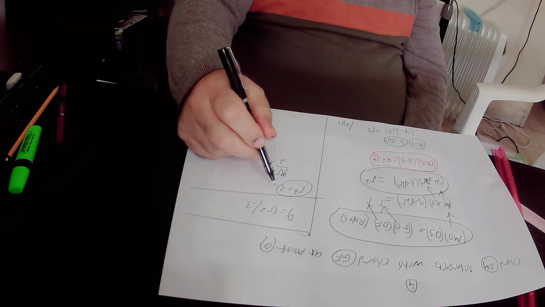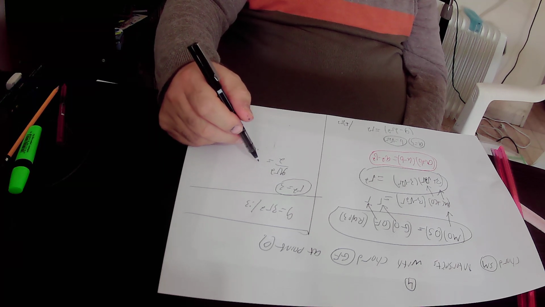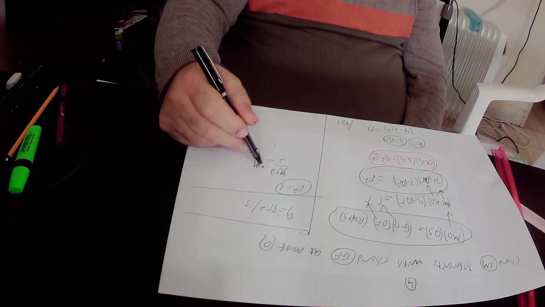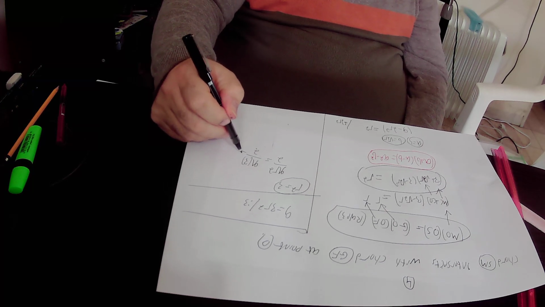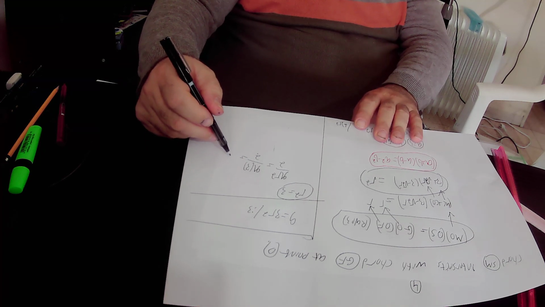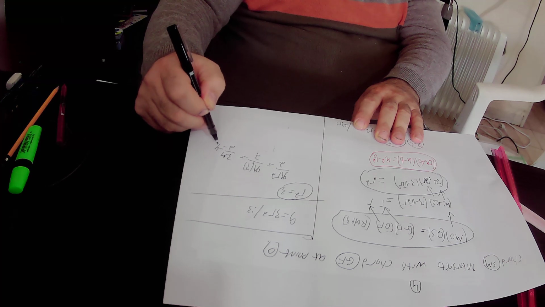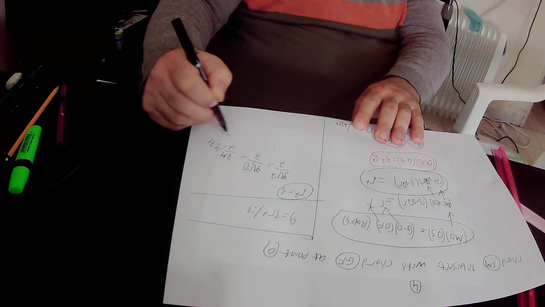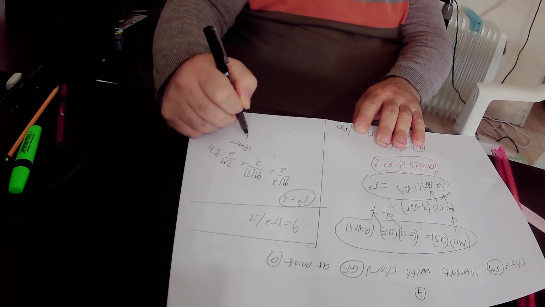We have already found out that r squared is 3, so we substitute r squared by 3, so it will be pi times 3 over 2. So in conclusion, the area of the semicircle equals 3 pi over 2 square units, so in terms of numbers it equals 4.71 square units.